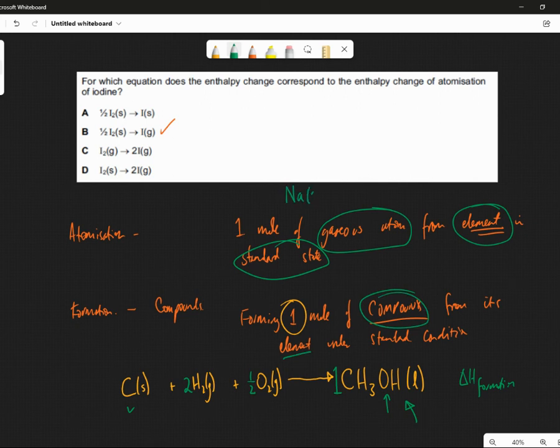There's sodium. Sodium is a solid under standard conditions. And how do I make sodium from its elements? Well, sodium from its elements is sodium, isn't it? And that's why the heat of formation of elements, by definition, must be 0. Because you're starting with elements and you're finishing with elements.